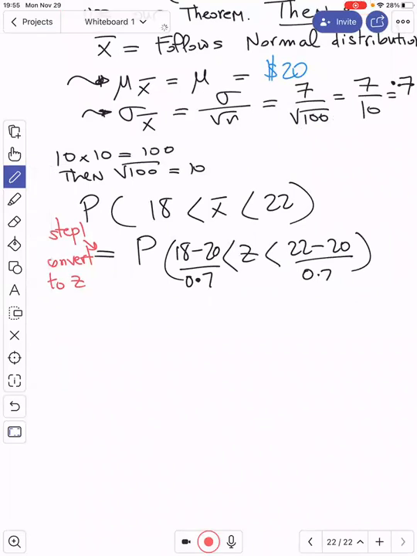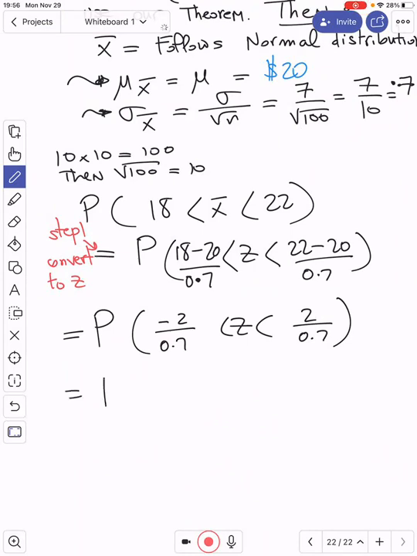So this is actually equal to the probability that, so you have your Z. So this is -2 over 0.7, and this is +2 over 0.7, right?